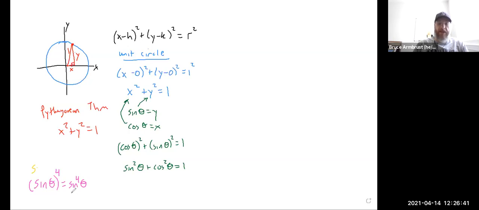What this is telling us is that we're taking the sine and then raising it to the 4th power. If that 4 were over here, again with the 9, my stupid stylus.